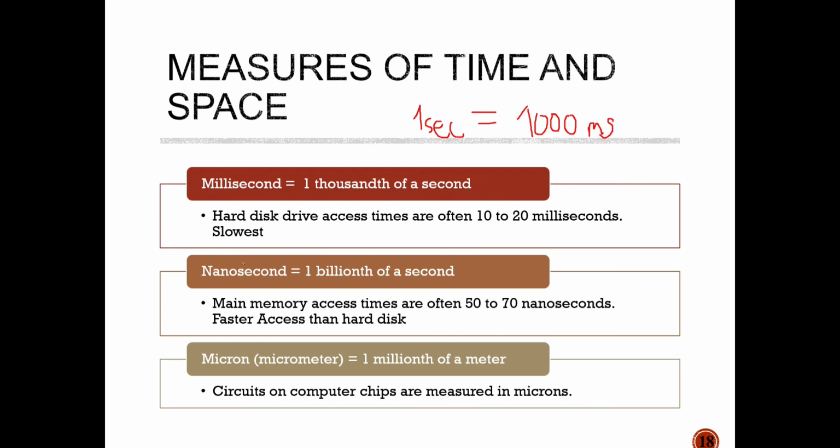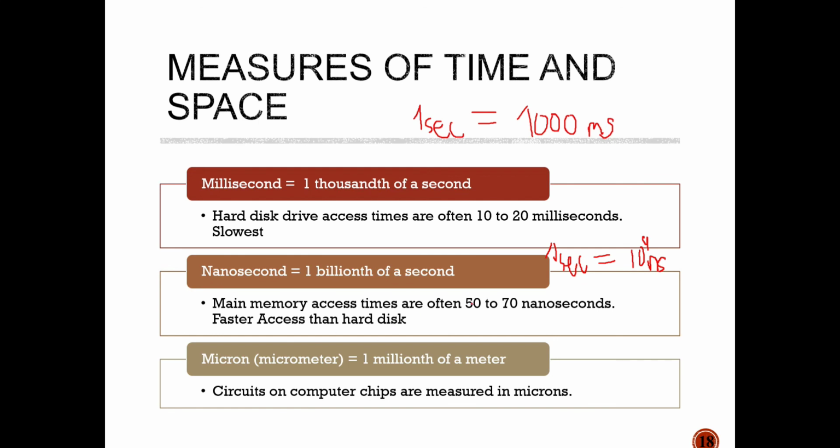Then we have a nanosecond. So 1 second is 10 to the 9 nanoseconds. So main memory access, which is your RAM, takes about 50 to 70 nanoseconds.